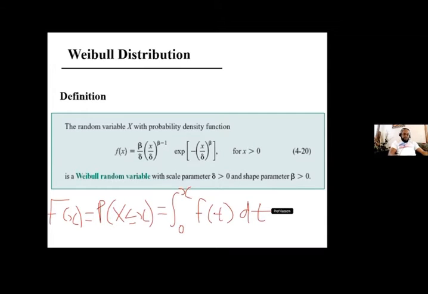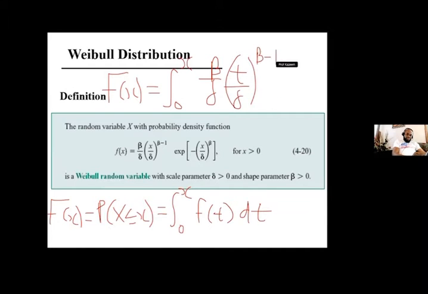So for the Weibull distribution, I'm going to have the integral from 0 to x of beta divided by delta, times t divided by delta raised to the power beta minus 1, then exponential of minus t divided by delta raised to the power beta, dt.